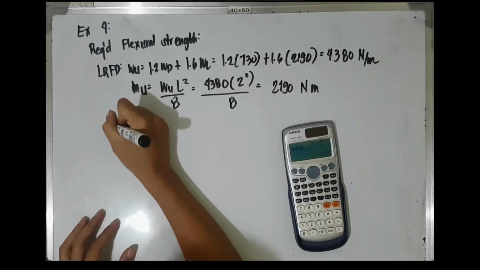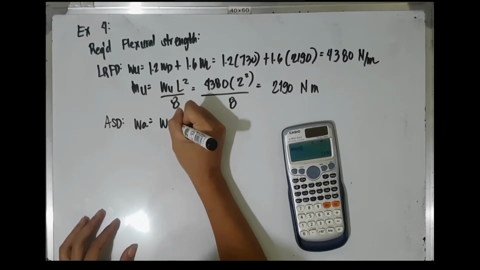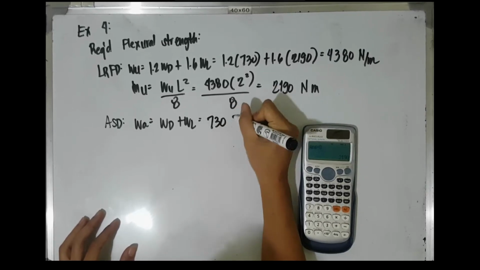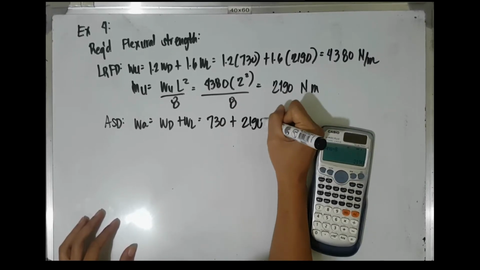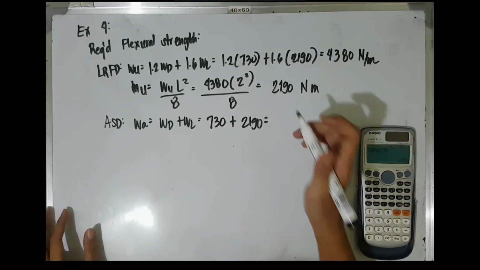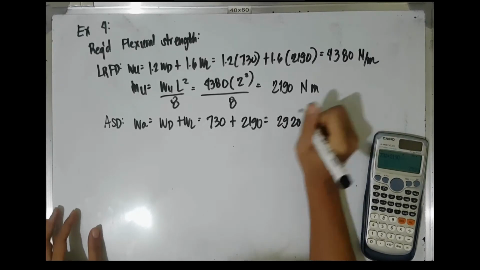And for ASD, just add the dead load and the live load, and then repeating the process for getting the moment. So it is equal to 2,920 Newton per meter.